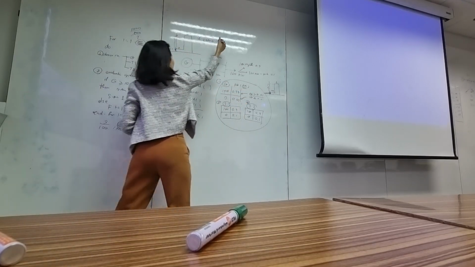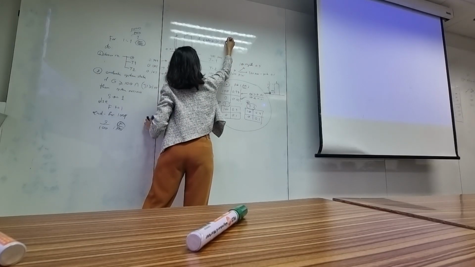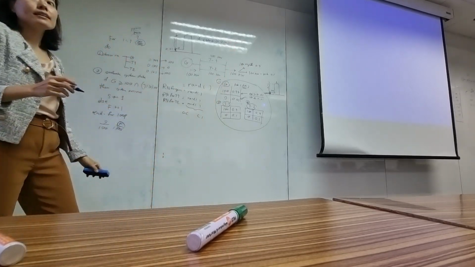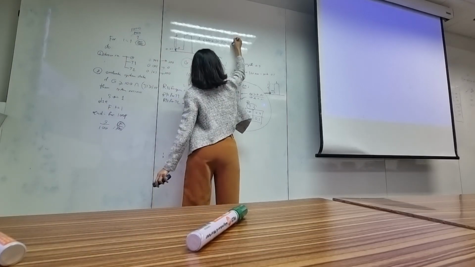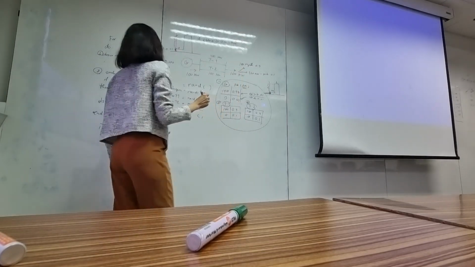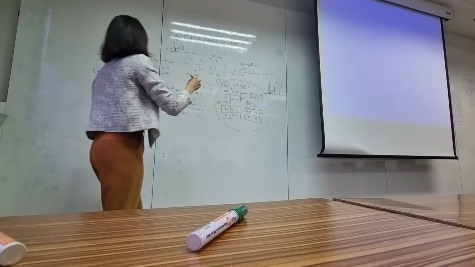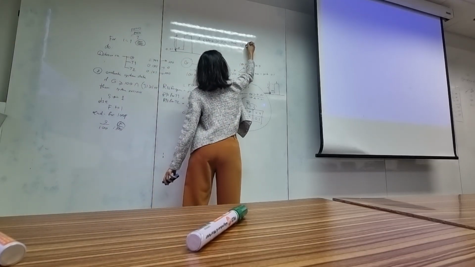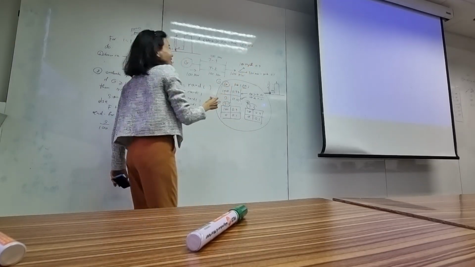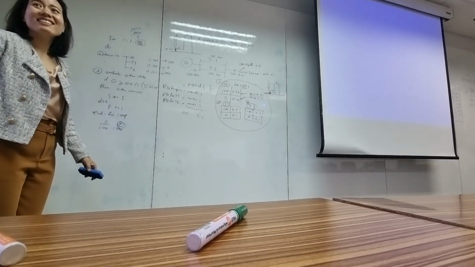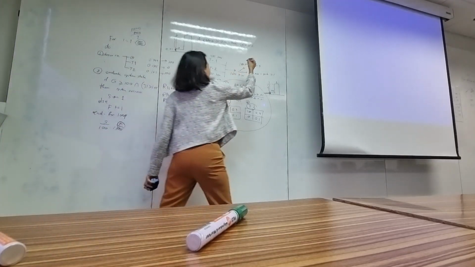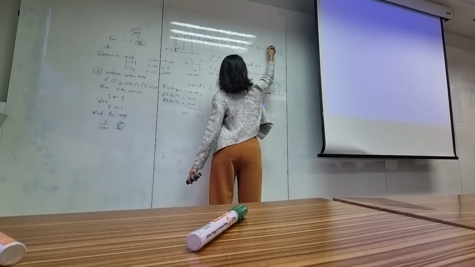If it's greater than 0.01, okay, then you say G equals 100. Right? Else G equals 0.